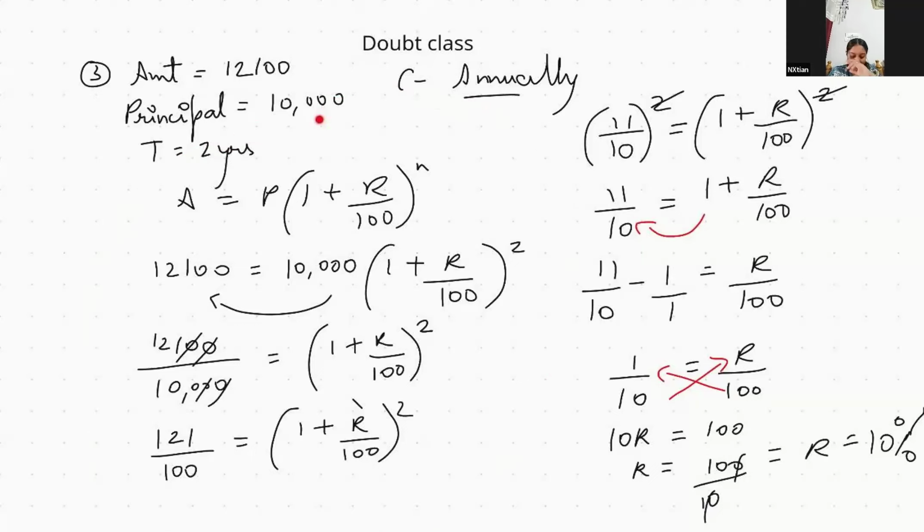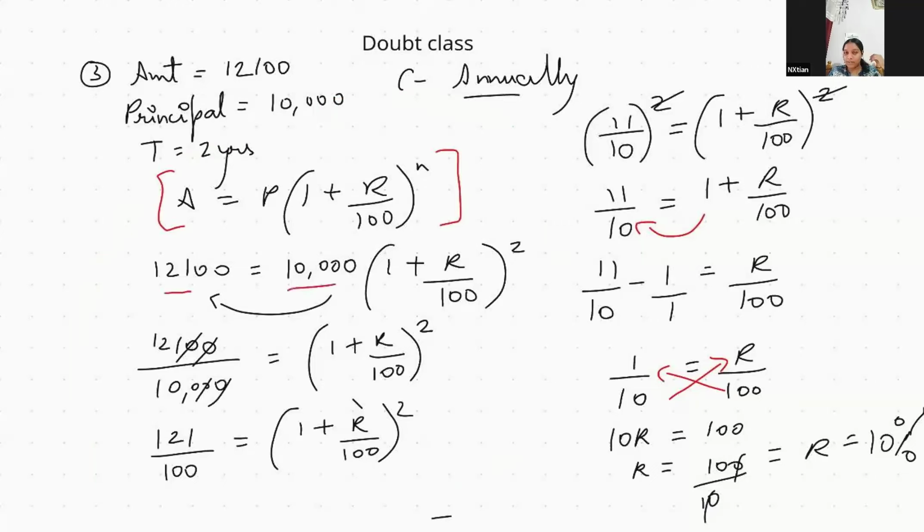Okay. See, what I did, Abraham, this is my formula for amount. In compound interest, we use this formula to find out the amount. So you put the values: amount is 12,100, put 12,100. Then in the place of principal, you put 10,000.